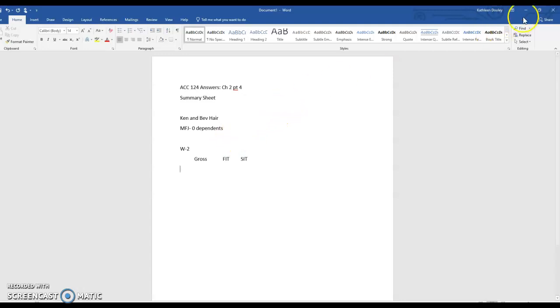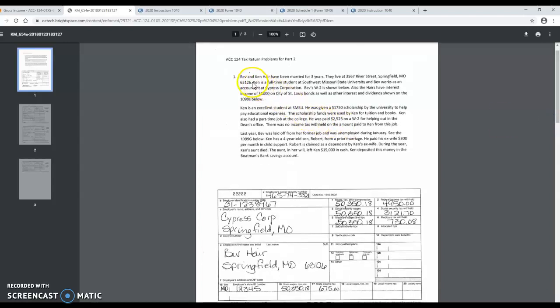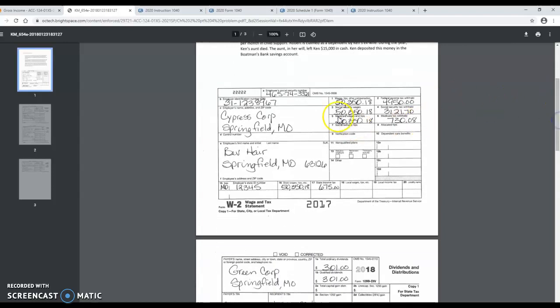Okay, so in this case, we're told that Ken is a full-time student, and we're told that Bev works as an accountant. Okay, and her W-2 is shown below. So here's her W-2. $53.50 is in box 1, that's the gross wages. And $49.50 is in box 2, that's the federal income tax.